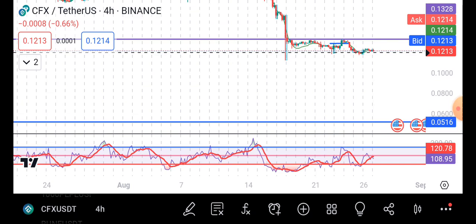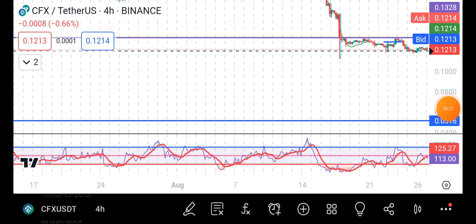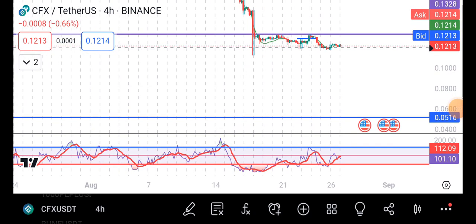Now for me as a trader, I would rather wait, even if it's going to take 1 week, 2 weeks, 3 weeks, 1 month. For this, I'm going to put my alert here, for this trade to come there, and then I look out for my divergence.